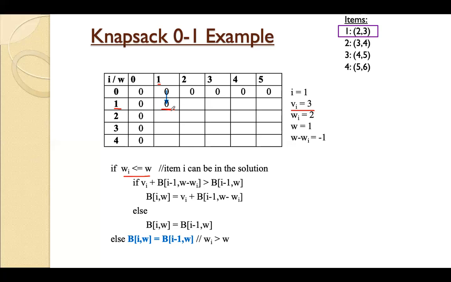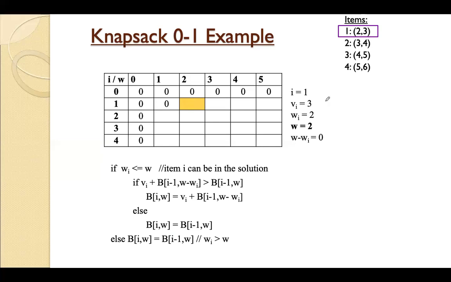In the second iteration, the W value will be 2. These instructions will be the same. The I value is the same, because we are in the same row. Oh, sorry, I explained in the reverse order. I is the row value, W is the column value, the J value.